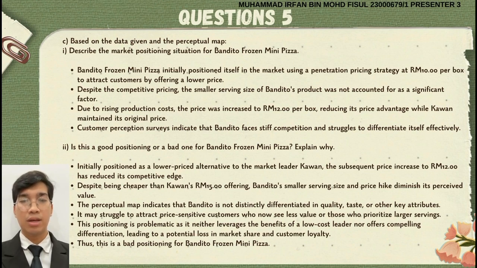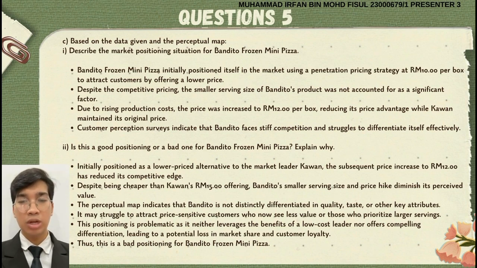The answer is: Bandito frozen mini pizza initially positioned itself in the market using a penetration pricing strategy at RM10 per box to attract customers by offering a lower price compared to the market leader, Kawan, priced at RM15 per box. Despite the competitive pricing, the smaller serving size of Bandito's product was not accounted for as a significant factor.